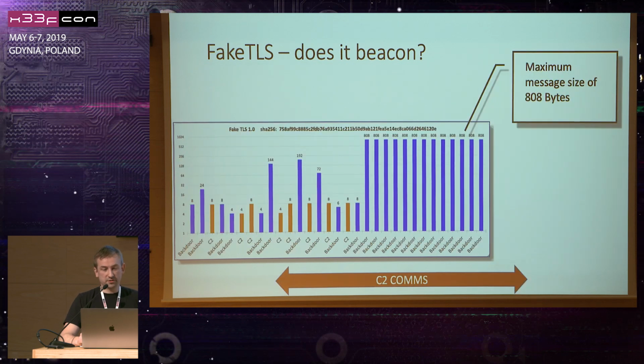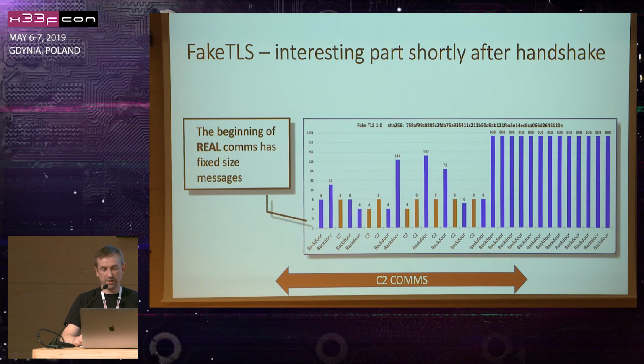First of all, we can see that the maximum message size used for the communication is fixed. In this case, it is 808 bytes. So it's one possibility to prepare a detection. But another interesting part is that the beginning of the real communication after the handshake also has fixed size messages.